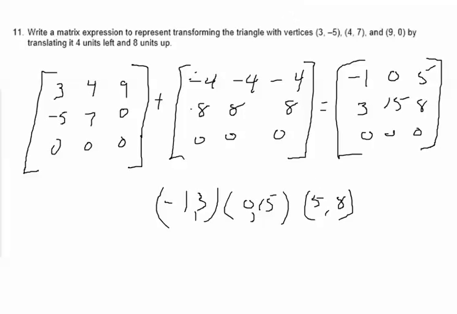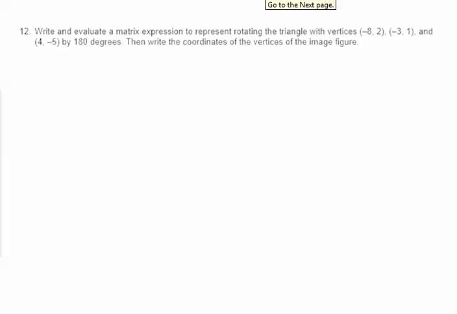Cool. Moving forward. Okay, this one is asking me to rotate something. If I'm going to rotate it, I'm going to be multiplying it by a certain matrix. I'm going to use the matrix 0, 1, -1, 0, and 0, 0 there.